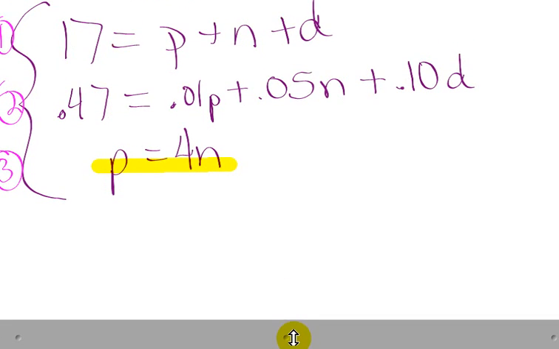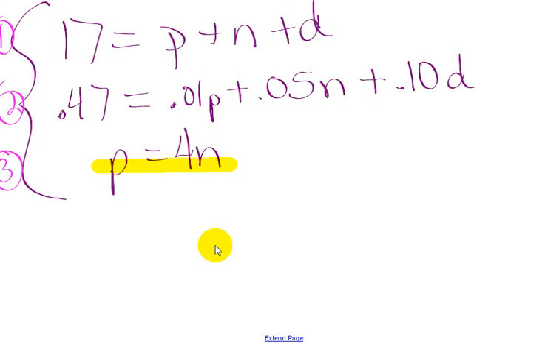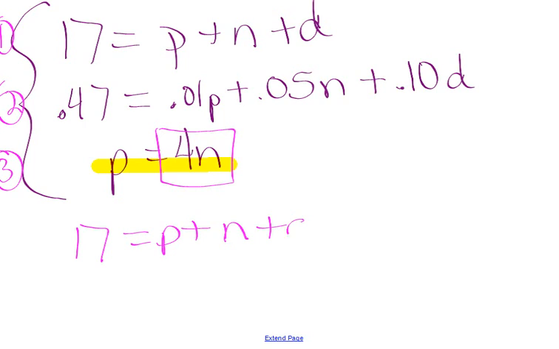Okay, so the first thing we're going to do is substitute 4n into equation 1 for p. So we're going to start with 17 equals p. I'm just copying the first equation, plus n plus d.